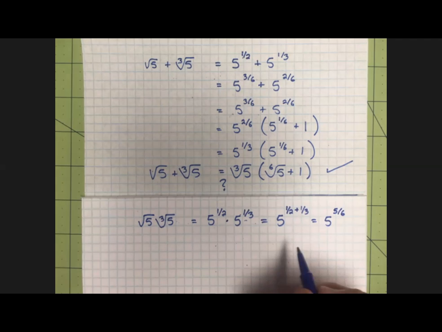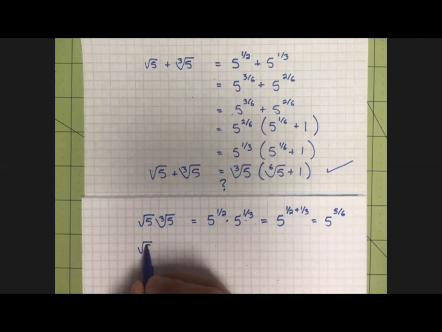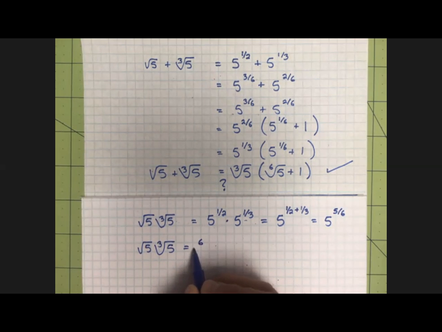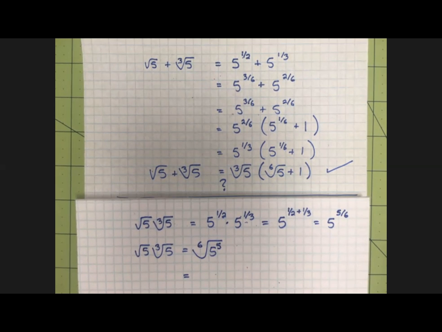So the square root of 5 times the cube root of 5 is equal to the 6th root of 5 to the 5. Now, I'd have to think about what 5 to the 5 power is.